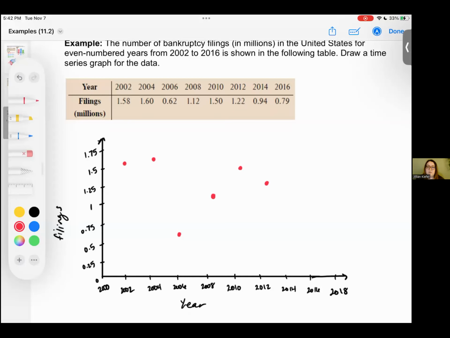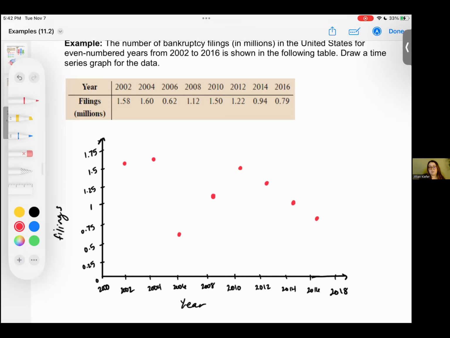Then we have 0.94, just a little under 1 in 2014. And lastly, 0.79, just a hair above 0.75 in 2016. And that contains all of our data points.